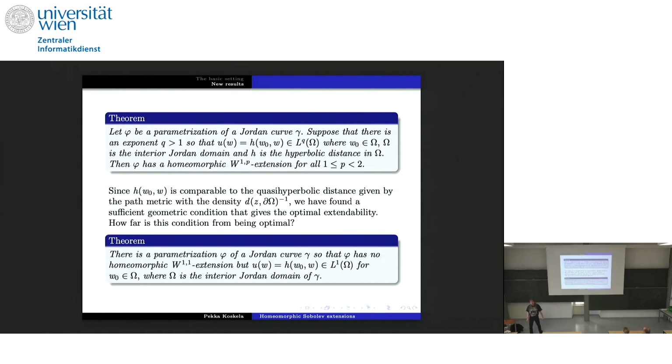No. There is a Jordan curve and a parametrization so that the hyperbolic distance to a base point is in L^1 of the domain, but my parametrization doesn't have a W^{1,1} extension. So it's all or nothing, right?